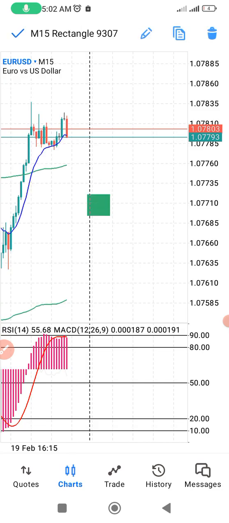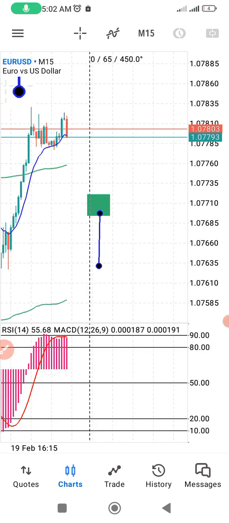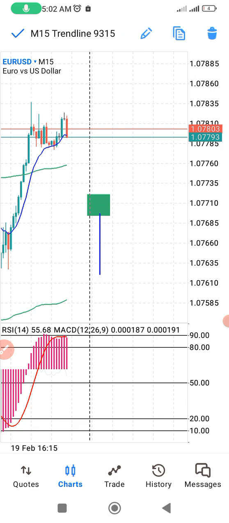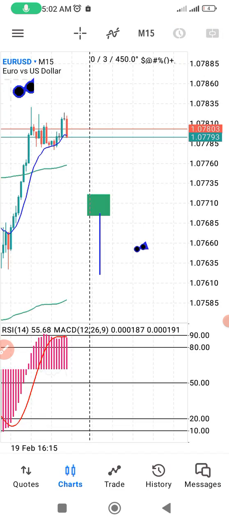Okay, and then there are two ways of making entry on the pin bar. The first is that you can make your entry at the close of the candle.